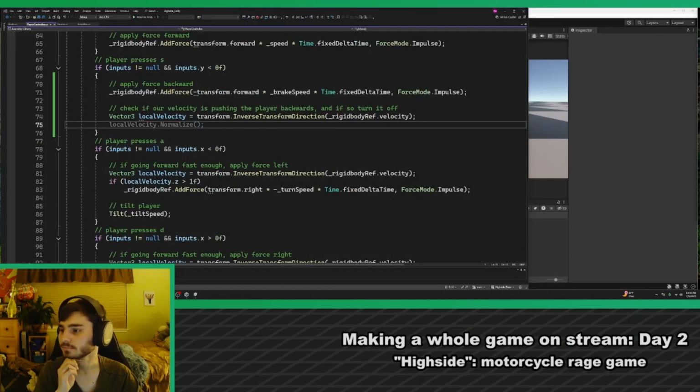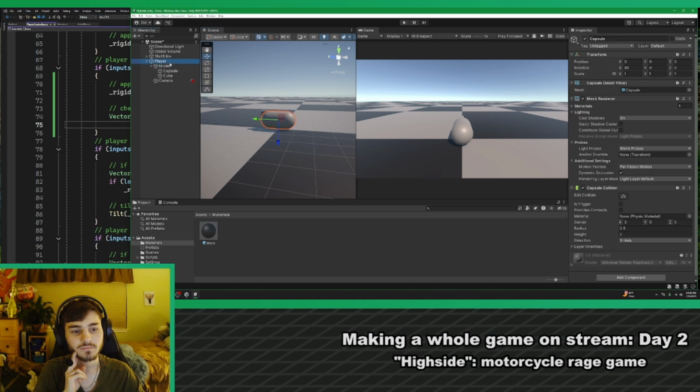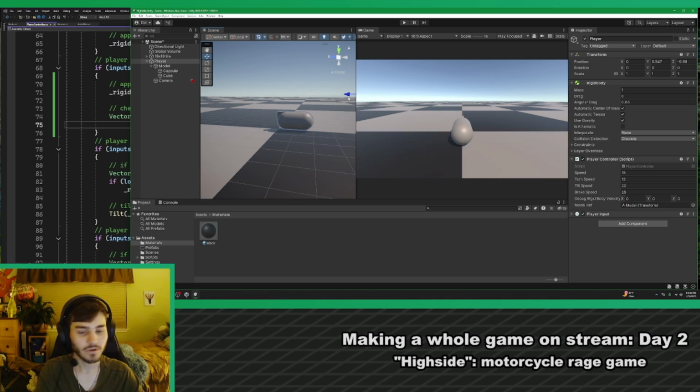So now we have our local velocity. So z for z is negative.